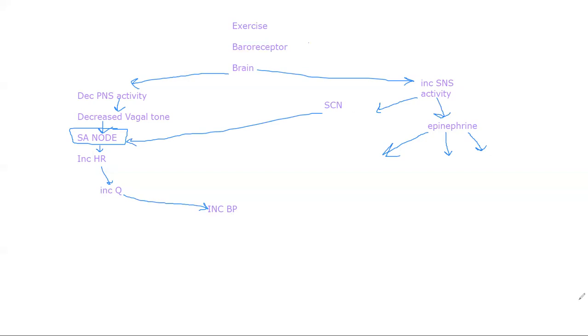Good. Does it matter which one I put first? Yes, it does. The SA node has to go first because I can't cross lines. If I do arterioles here and have a line that goes all the way to blood pressure, then my next line would have to cross over it to get to the SA node.